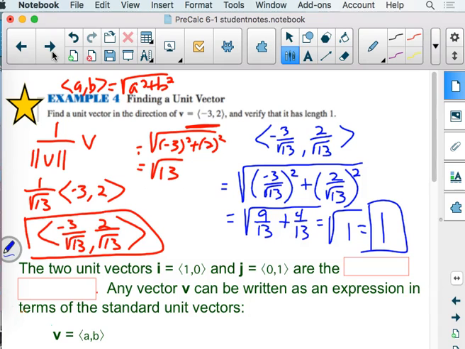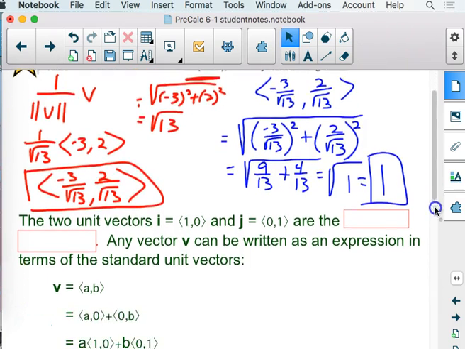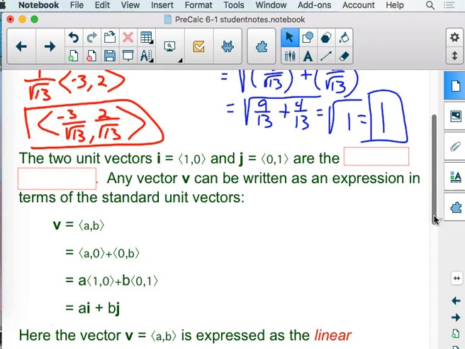All right, well, that wasn't too awful. The two unit vectors i, <1, 0>, and j, <0, 1>, which I talked to you about before, are the standard unit vectors. Not real helpful for doing that. So, like I said, what we usually do is just change it into component form and have it be whatever numbers they have out front of it.